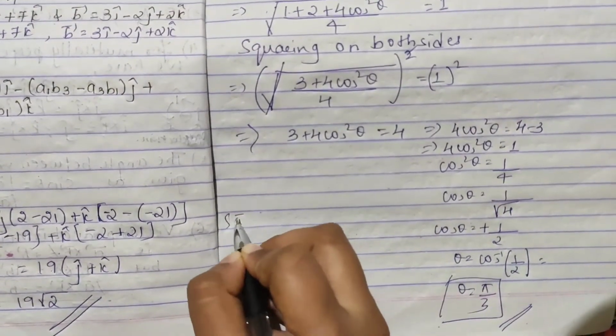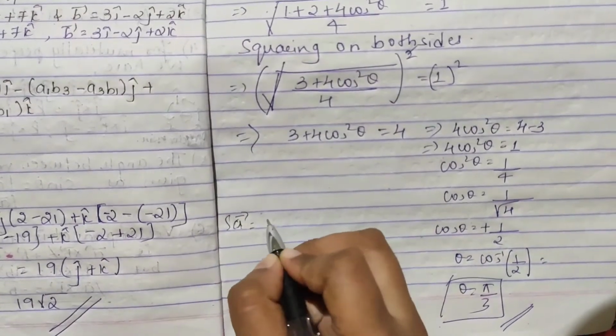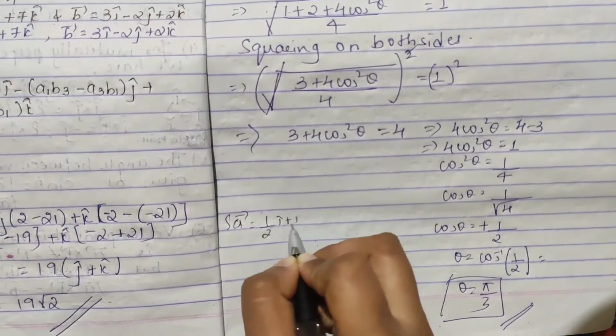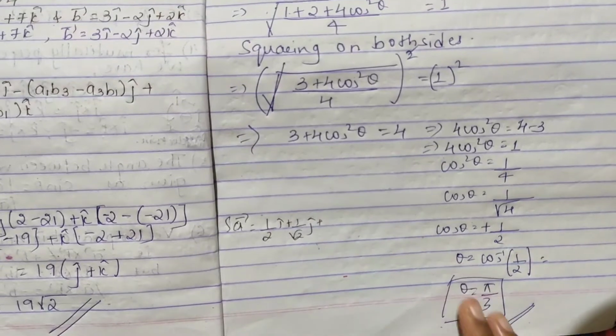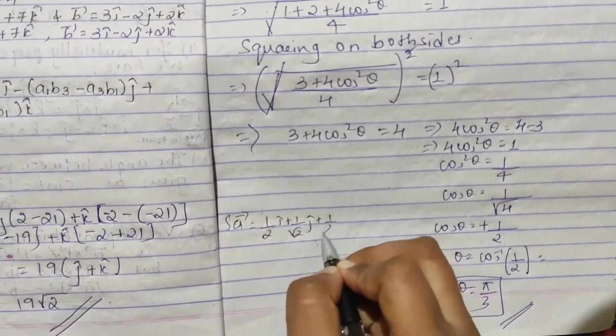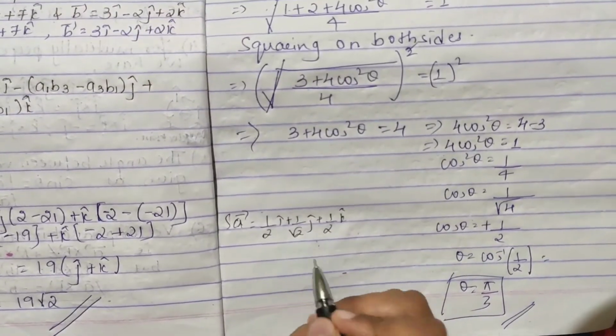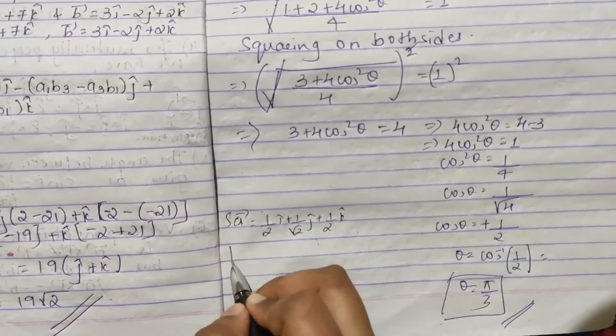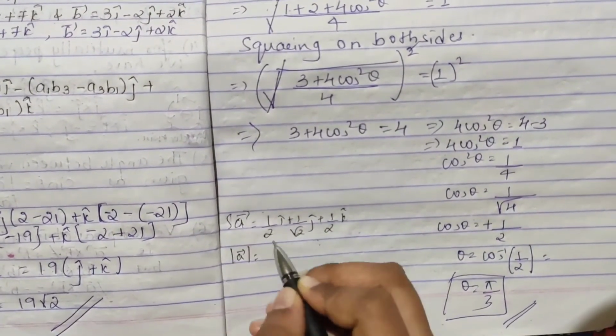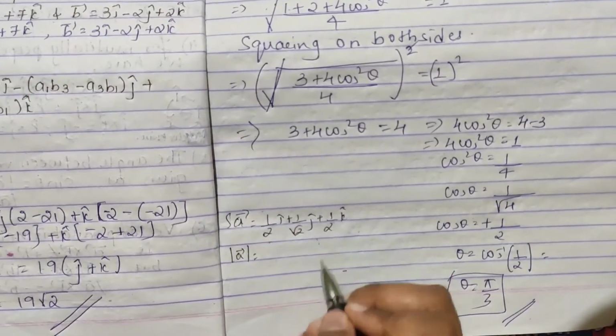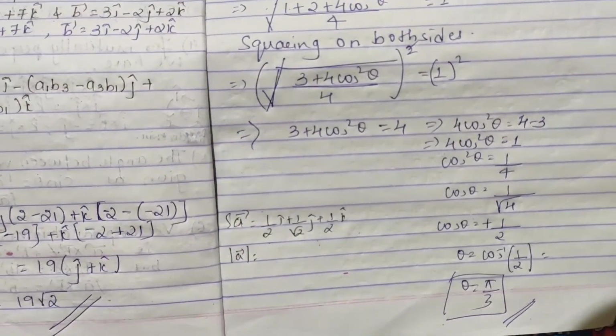Now vector A, what you have got: 1 by 2 i cap plus 1 by root 2 j cap, and with theta as pi by 3 you get 1 by 2 k cap, right? If you find the modulus, it will be root of 1 by 4 plus 1 by 2 plus 1 by 4.